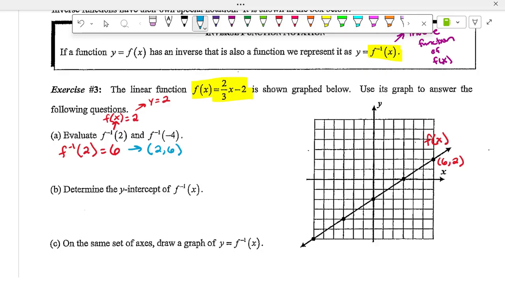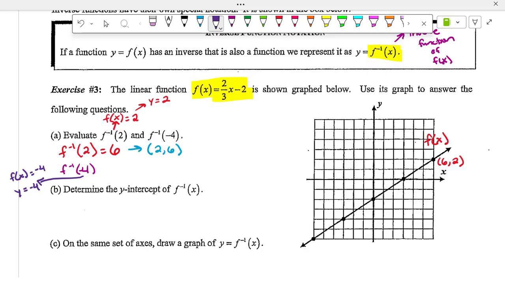What about f -1 of -4? So what am I looking for on the graph? If I want the inverse function evaluated at -4, on the original function, what am I actually looking for? If -4 is x for the inverse, that means it's what for the original? It's the y. So I'm looking on the original graph where f of x is equal to -4, or in other words, y is equal to -4.